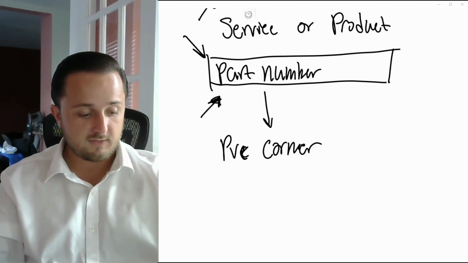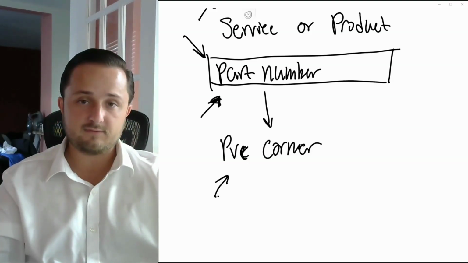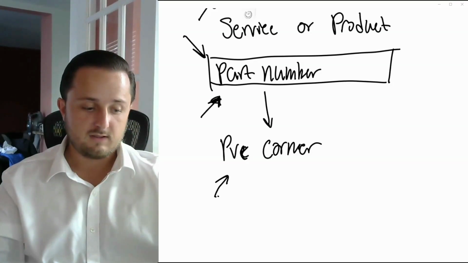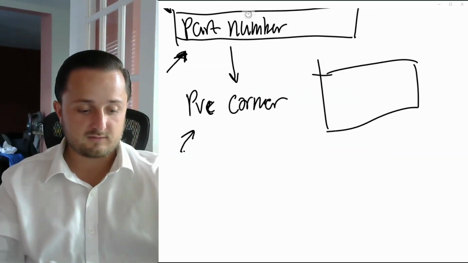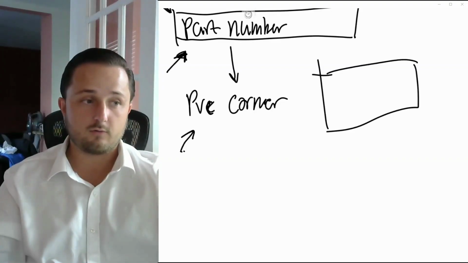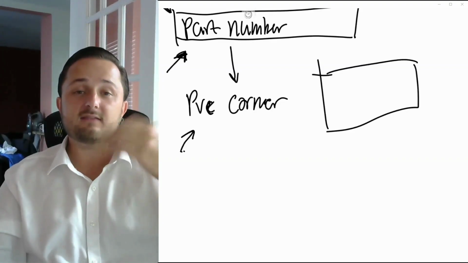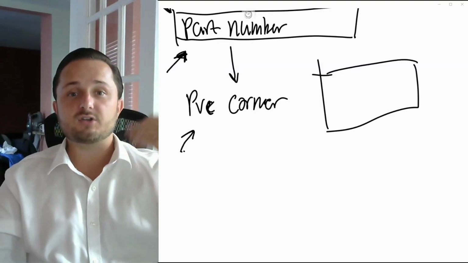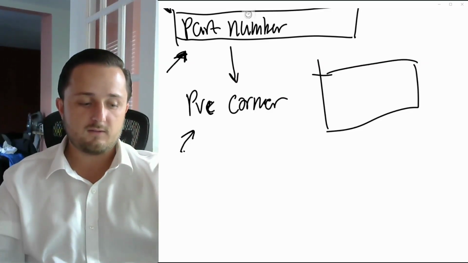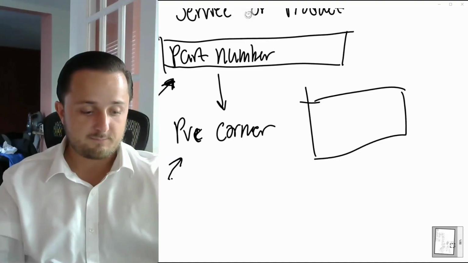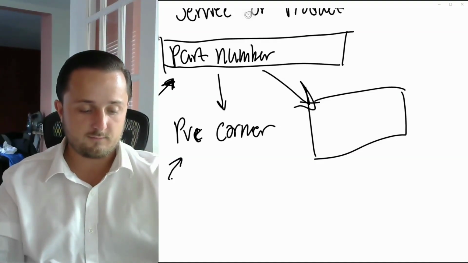So they search into Google for PVC corner. Now, if I had a website and I was only looking to sell to practitioners, or I was only looking to sell for people in the trades, people that actually know what the product is called, how to install the product, right? I would optimize my page for the part number.